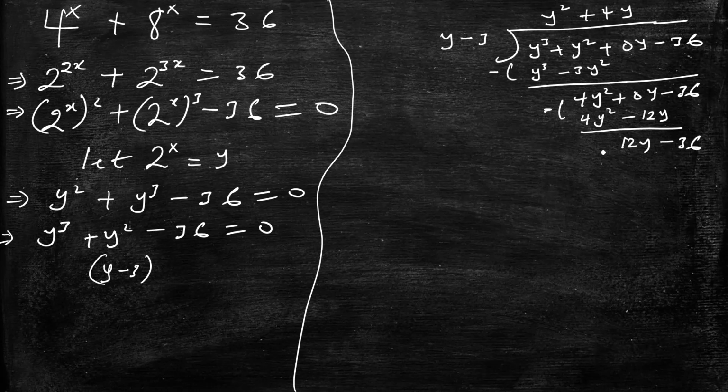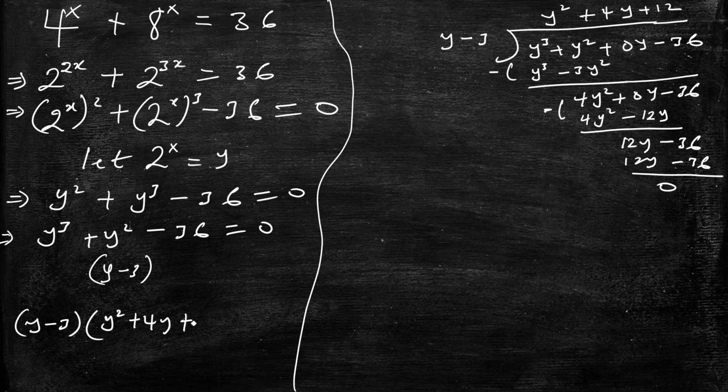So y into this is plus 12, and 12 times y minus 3 gives 12y minus 36, which equals 0. So we have our first factor times what is here: y squared plus 4y plus 12 equals 0.